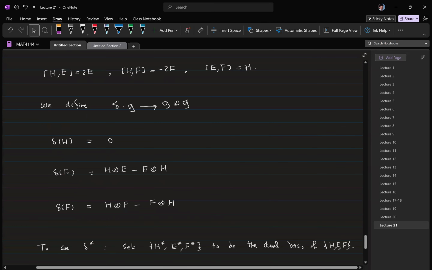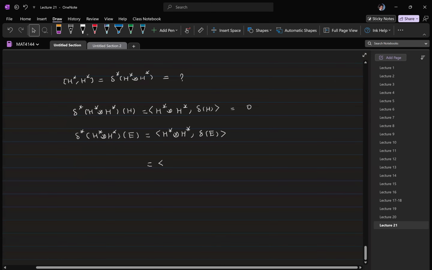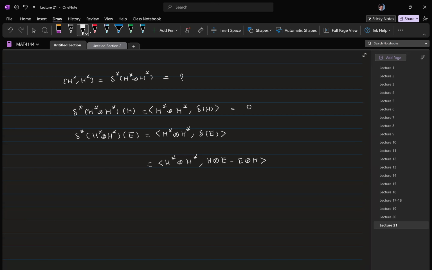Delta E is H tensor E minus E tensor H. We have it up there. So we got H star, H star of H tensor E minus E tensor H. But now again, I've chosen a dual basis, right?